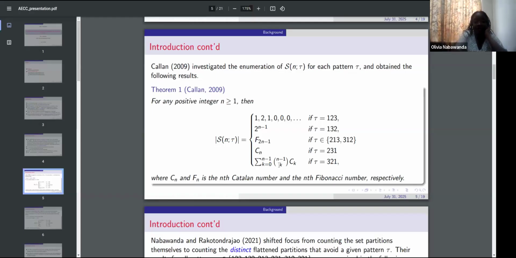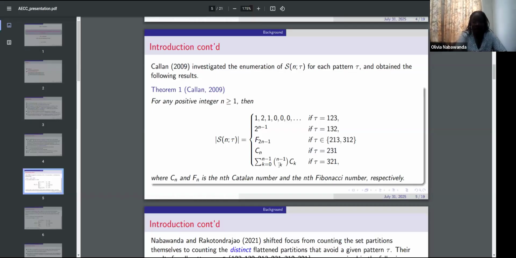We realized that for the pattern 1, 2, 3, 4, we still have a trivial counting sequence, which converges to 0, I think from n equal to 7. For n greater or equal to 7, the number of 1, 2, 3, 4 avoiding flattened partitions is just a sequence of zeros.